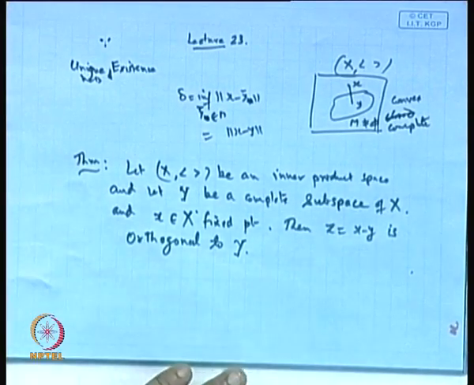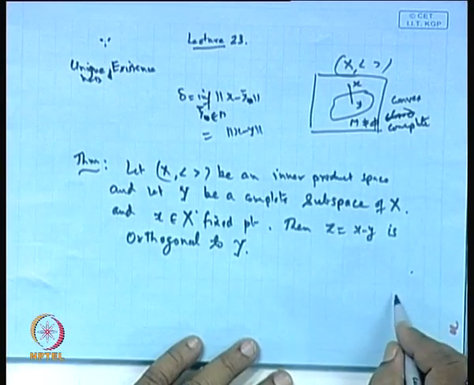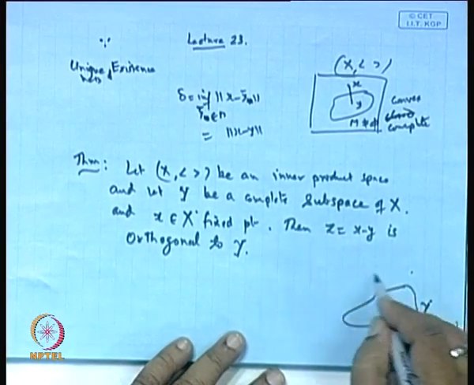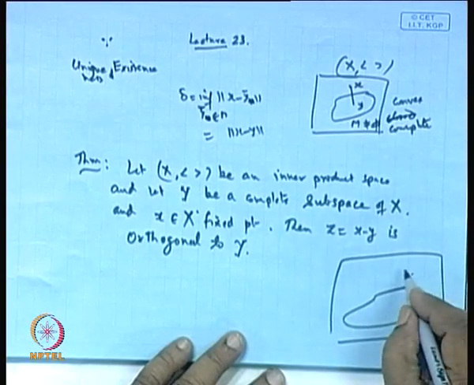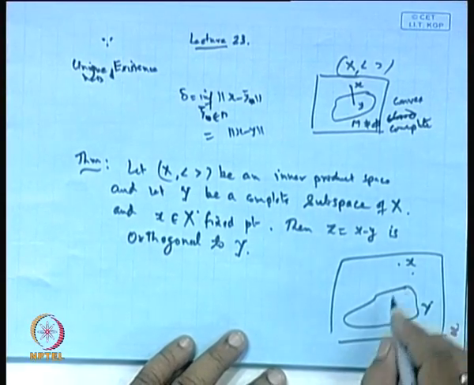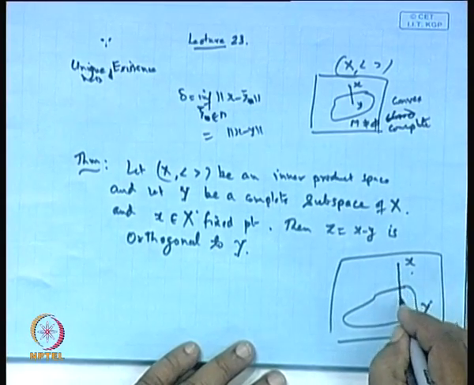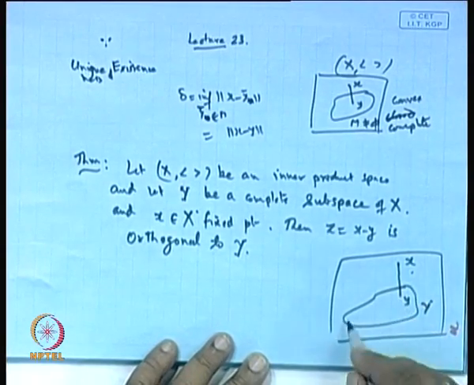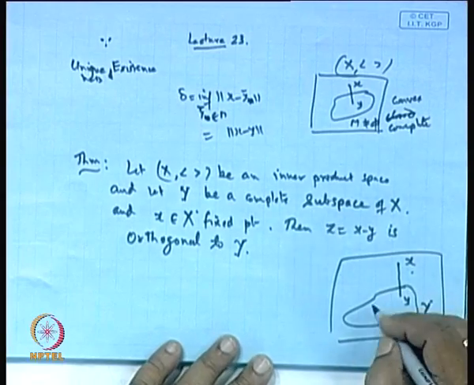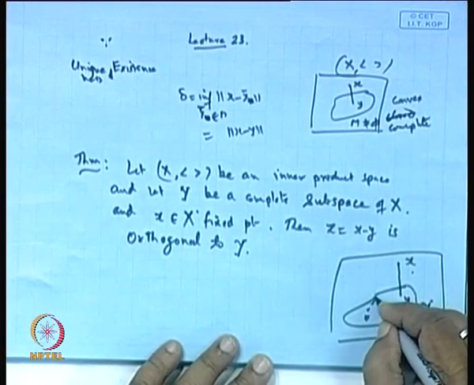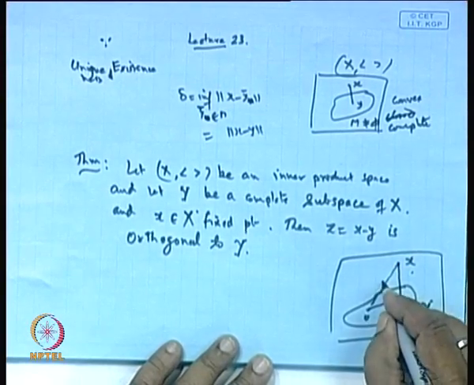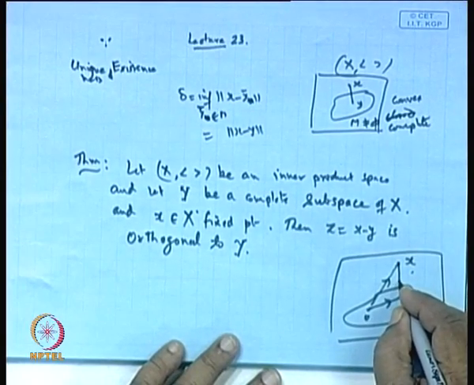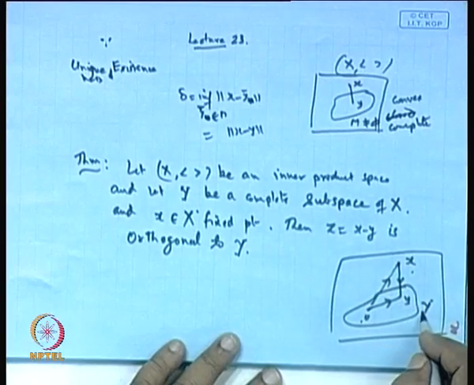Basically, the meaning is that if this is our Y and here is x, then we are getting a point y here such that the vector x minus y is perpendicular, orthogonal, to Y. Suppose this is the origin and I join this as a vector, then this vector x minus y will be orthogonal to y.